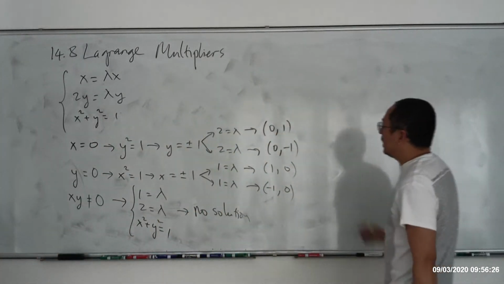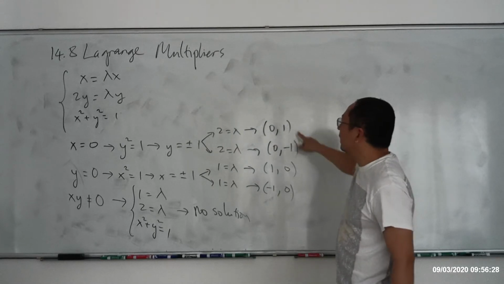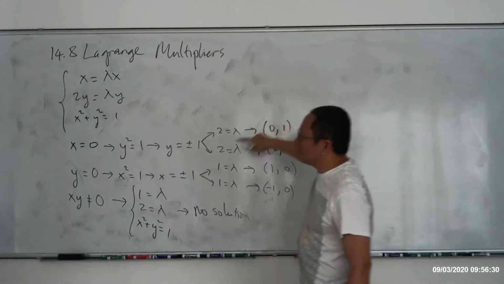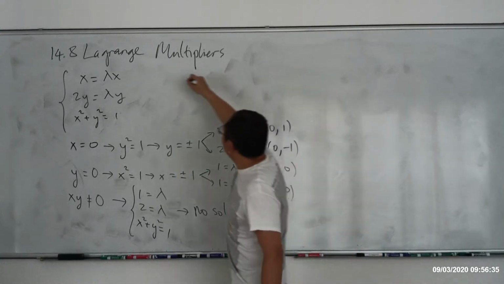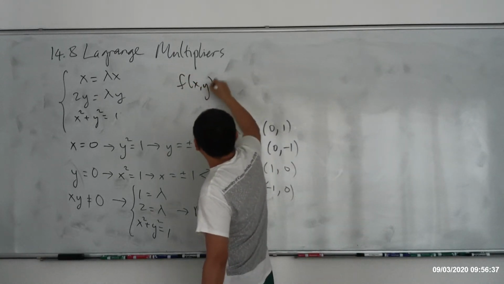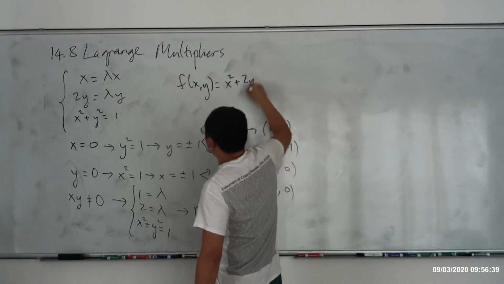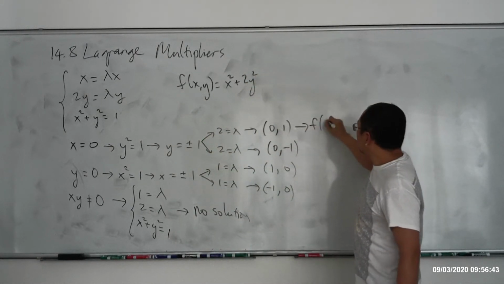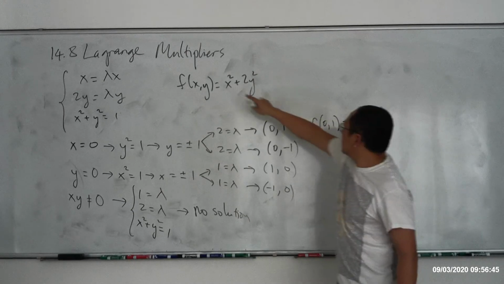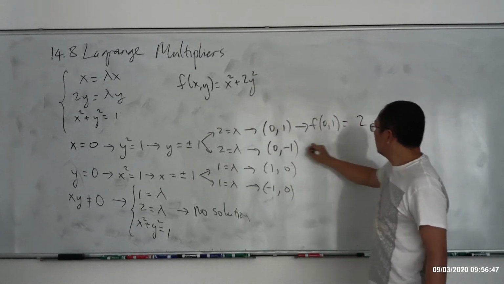And now you want to see which one's local max, which one's local min, and that's simple. You plug it back into the function. Oh, I erased it, so let me rewrite it. The function goes like f(x, y) equal to x squared plus 2y squared, right? So plug it in. F(0, 1), x is 0, y equal 1, this is 2.